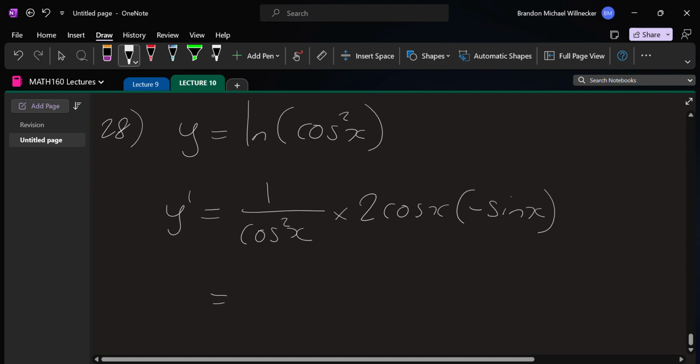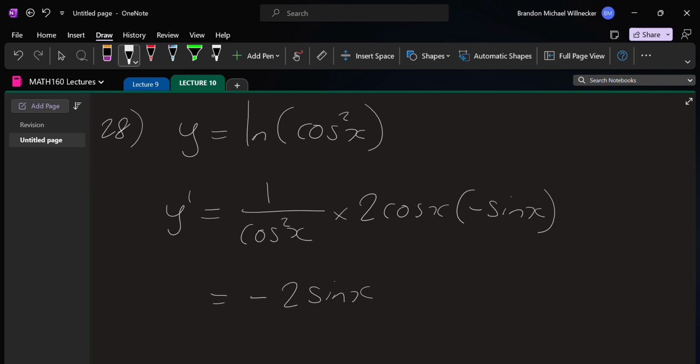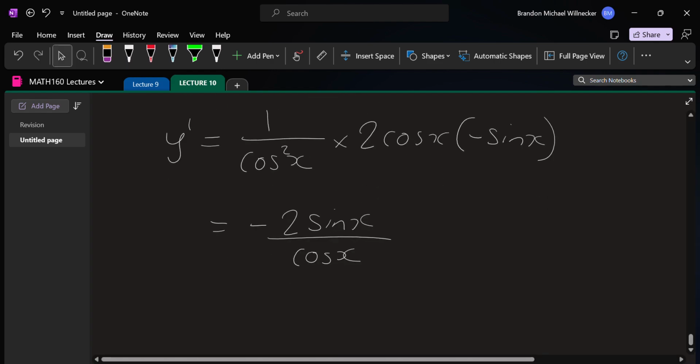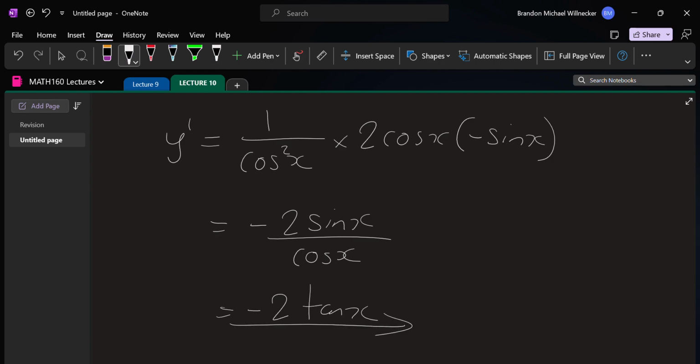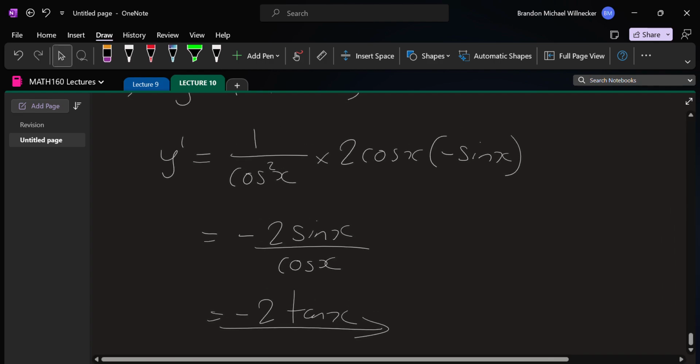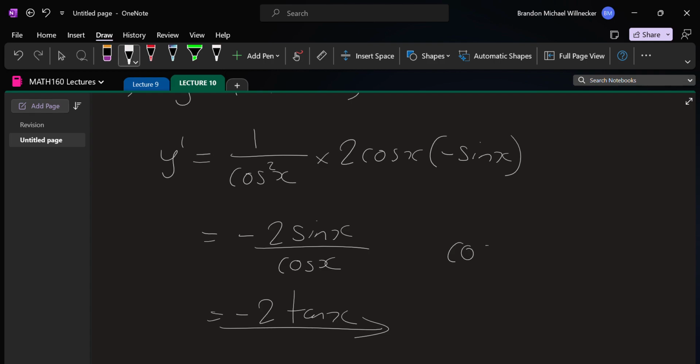So here y prime, that's going to be 1 over cos squared for the outside function times 2 cos x times minus sine x. So this is going to be minus 2 sine x over cos x. We can cancel the cos there, so that's minus 2 tan x.